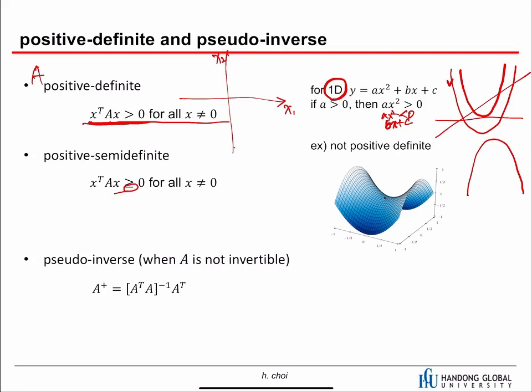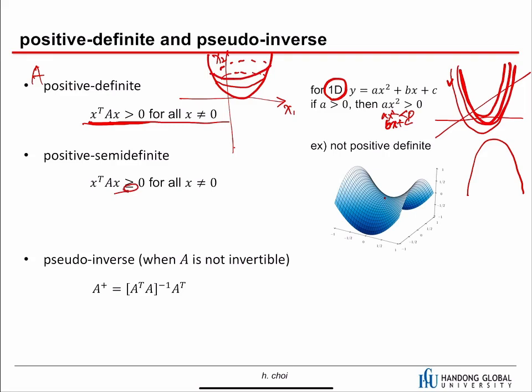So if this one is positive, then in any direction we have some shape like this.